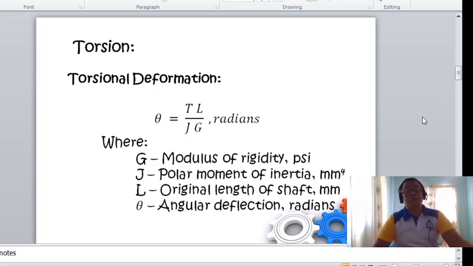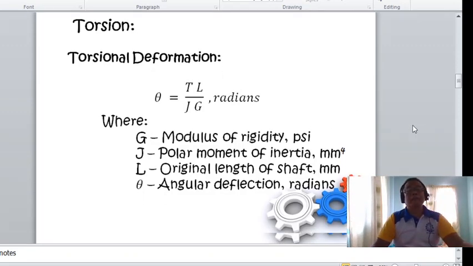The basic equation is theta equals TL over JG: torque multiplied by the length of the material, over the polar moment of inertia and the modulus of rigidity. Take note, class, that the unit for the angular deflection here is in radian.